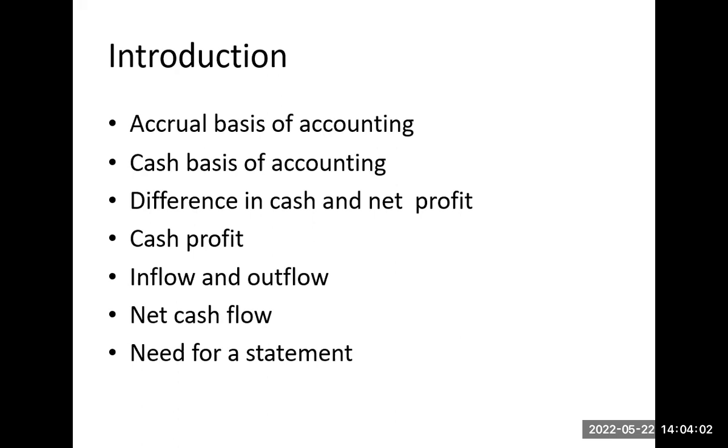You deposited on January 1st, and for 3 months you earned interest, but you have not received any cash or credit in your bank account. Still, when writing your profit and loss account, you will recognize these 3 months' interest in the other income column. This concept we call accrual basis of accounting. If you don't consider these two and consider only whatever is paid, then it is called cash basis of accounting.